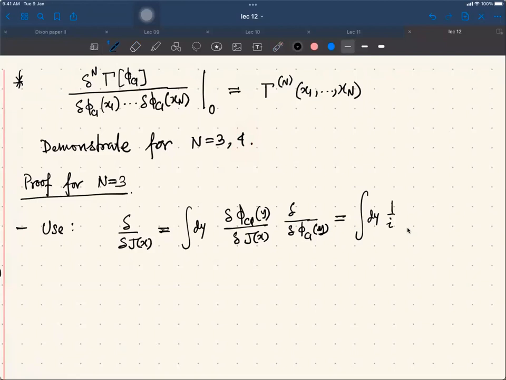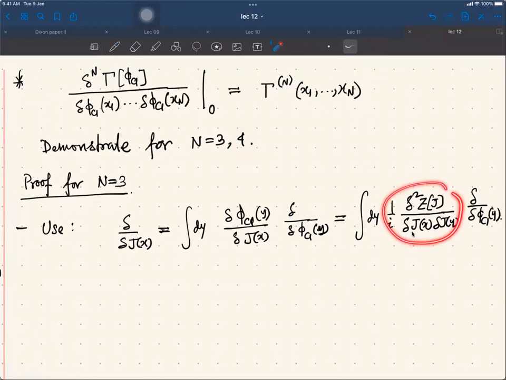So this is x and y, so this is del to z j divided by del jx del jy times del phi cl y. This, if you now set j equal to 0, then this becomes the connected two-point function.